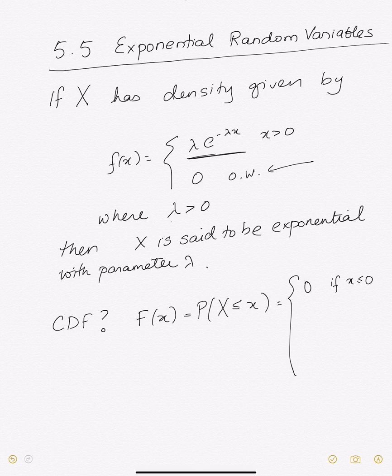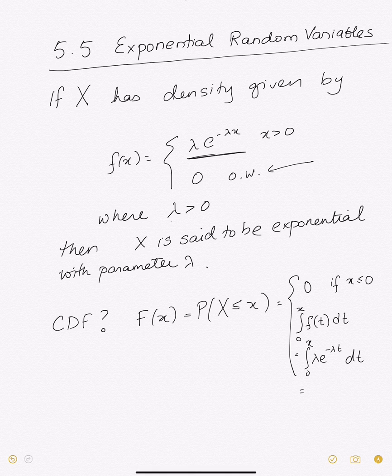How about if x is bigger than or equal to 0? Well, this will be the integral from 0 to x of the probability density function of the exponential random variable. So that's the integral from 0 to x of lambda e to the minus lambda t dt.